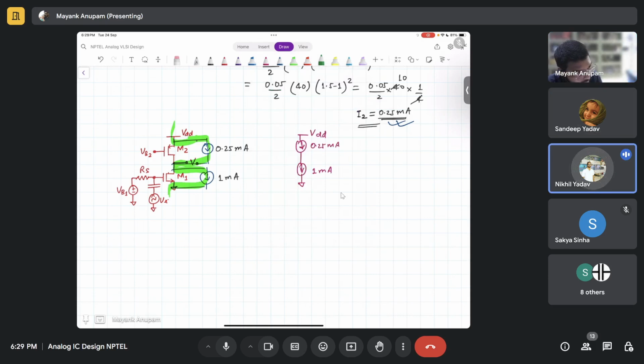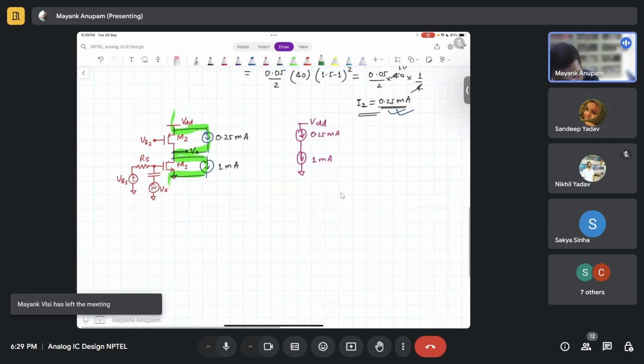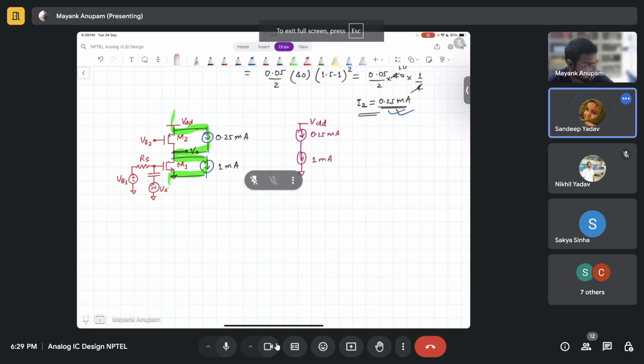Actually, in series, I guess current should be the same. Yeah, current should be the same, but let's say I take one current source and another current source, both of different values, and I connect them together in series. So what is going to happen? I think it will be 0.25 amp, not more than that. No. How will it happen? This current source does not know anything, right? We know that a current source has a property that it will... Sandeep, please mute yourself.